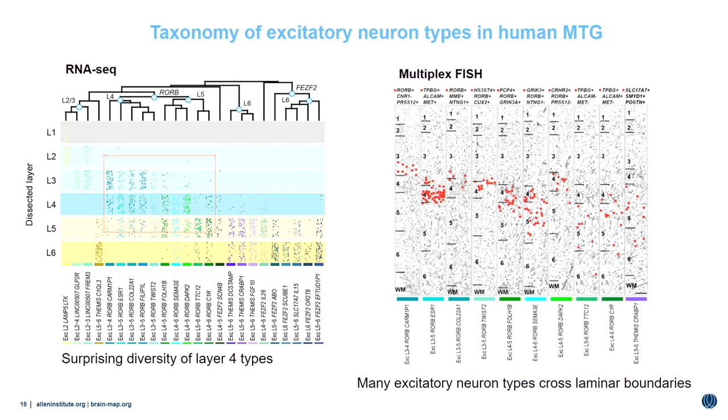What you can see is that some of the types are relatively laminar restricted, such as this layer 3C type here, but many of them cross laminar boundaries. Indeed, some of them spread between layer 4 all the way down into layer 6, so they have quite a wide distribution. This is definitely in contrast to how we think about excitatory neurons generally as being laminar restricted. And it'll be interesting to see if this is a feature of this particular region of cortex, or if this is something that we see in human cortex in general.